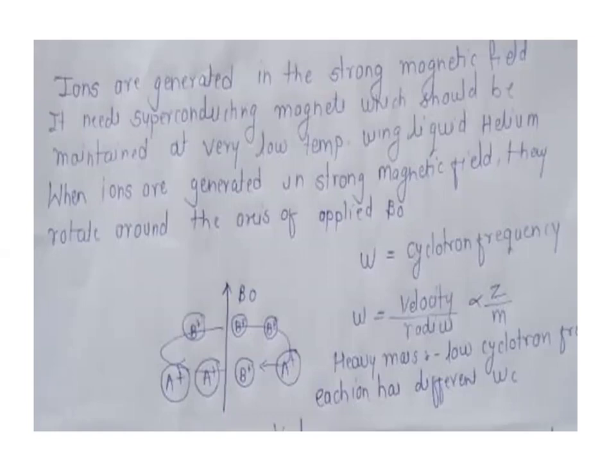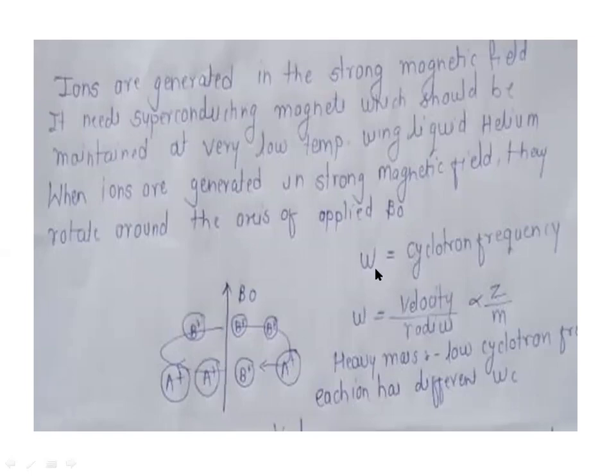Now, when you generate ions in a strong magnetic field, they are going to start rotating around the axis of the applied magnetic field. You can see that here we have applied the external magnetic field. All the different ions being generated are going to start revolving around it at a certain frequency, a number of turns per unit time. We call this the cyclotron frequency.